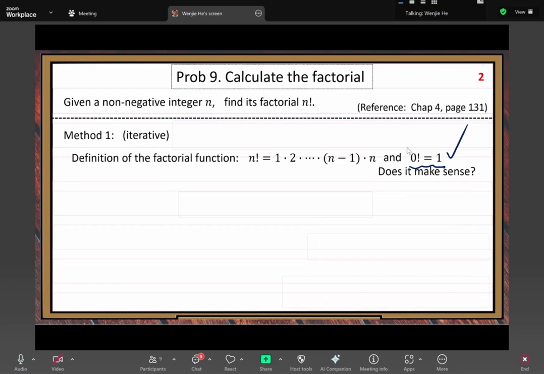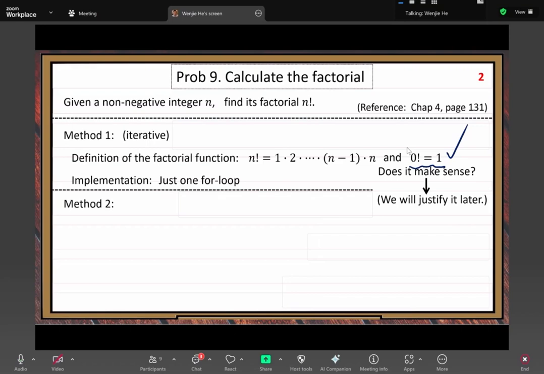If you assume 0 factorial equals 0, you may get a contradiction. We will see that. Now, implementation. For the iterative method, implementing is just one for loop. So simple.